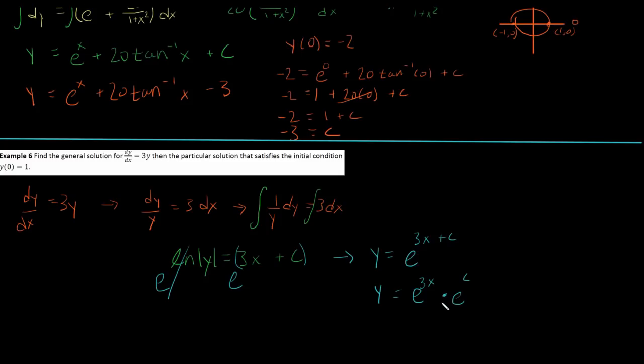Now let's think about this. We're taking a constant e and raising it to a power. That's a constant as well. A constant raised to a constant is just a constant, right?